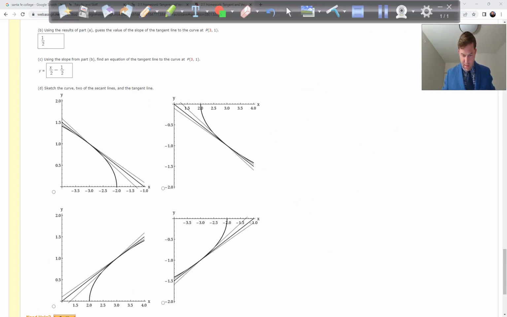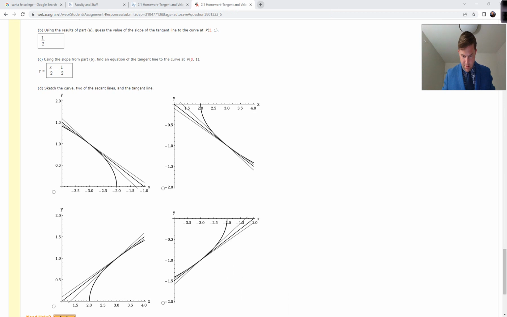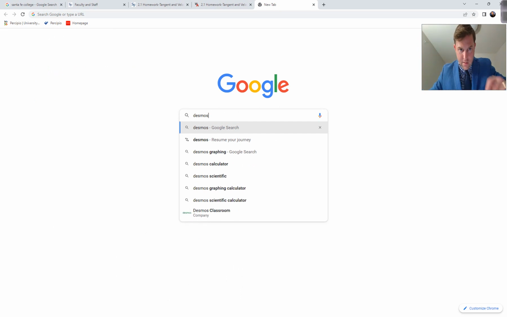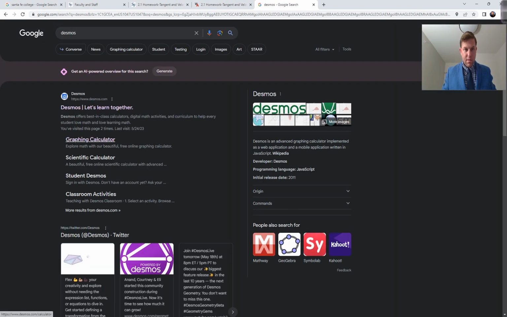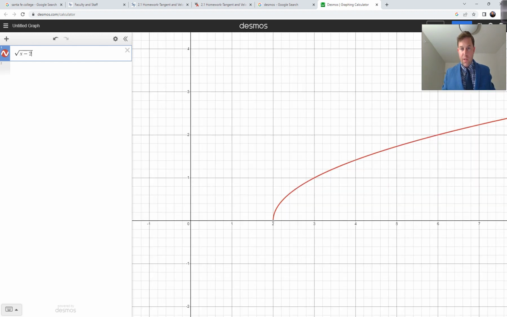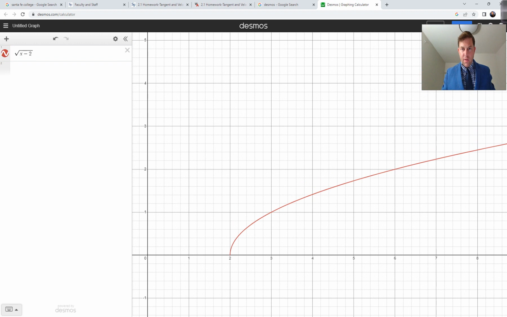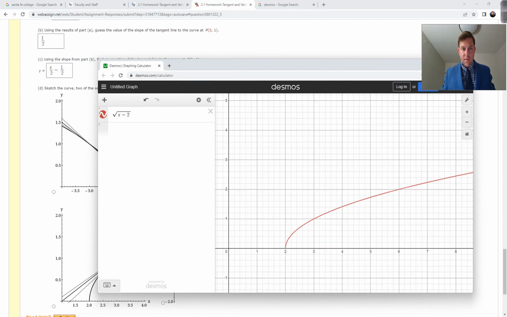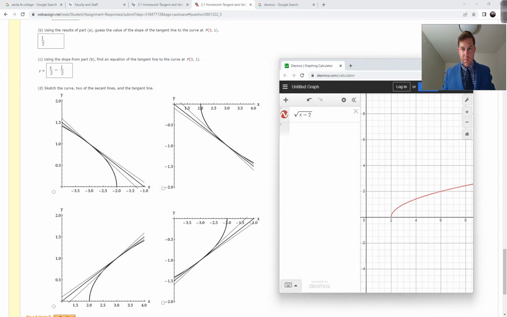Actually, better yet, okay, let's graph this. So it's the square root of x minus 2, and we're looking at the point x equals 3, so right here, 1. So that's the point we want. Let's see if I can show this in one screen.